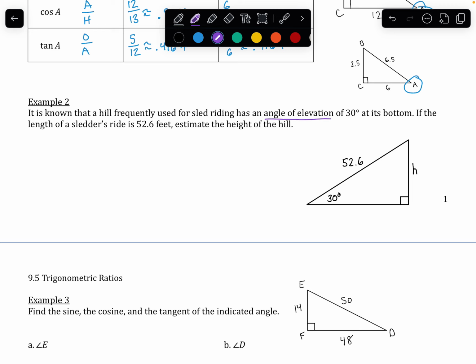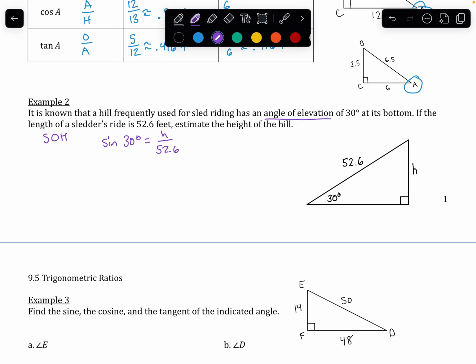So I'm going to go, okay, what do I know? I know my hypotenuse, and I want to know my opposite. So that's going to be sine. I would set up the formula sine of 30 degrees equals opposite h over 52.6.